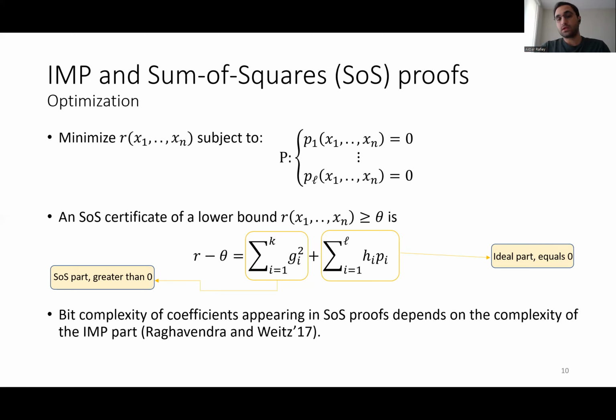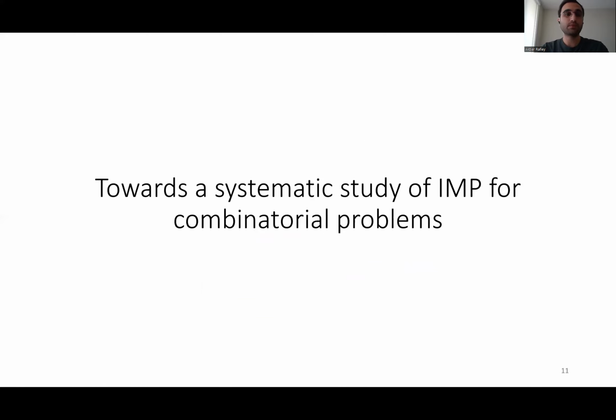It turns out the bit complexity of the coefficients of the polynomials appearing in such SOS proofs, when we are dealing with bounded degree proofs, depends on the complexity of the IMP part. And this is due to Raghavendra and Weitz back in 2017.